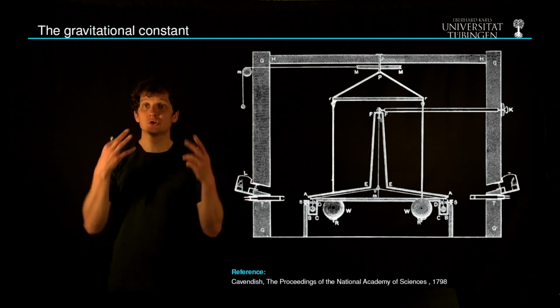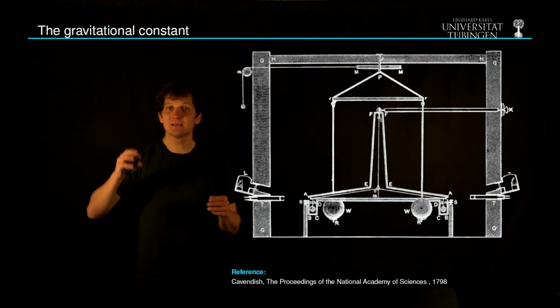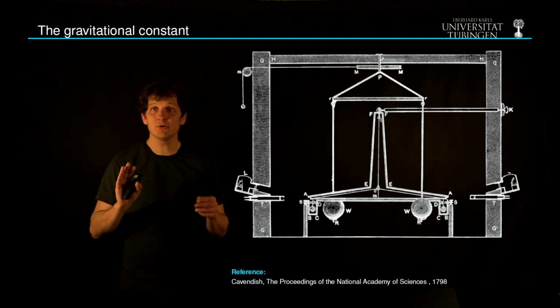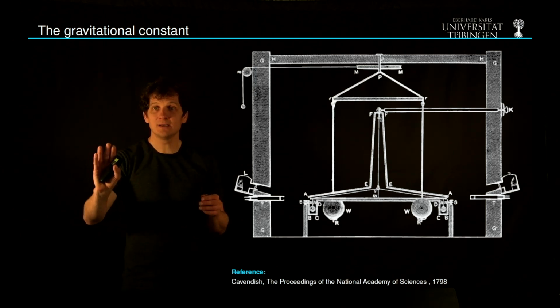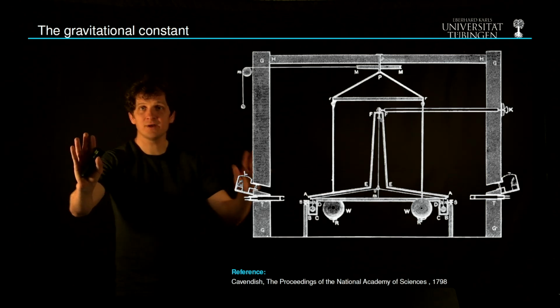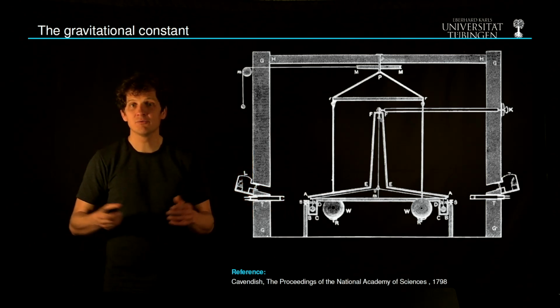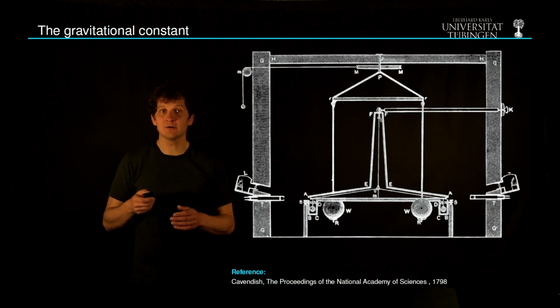Now we introduce two additional test masses, two additional spheres, and we locate them offset to the plane, meaning one in front of and one behind the original two test masses in our setup.